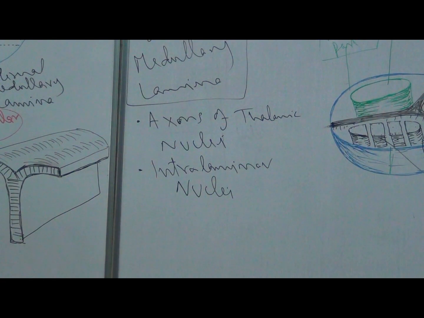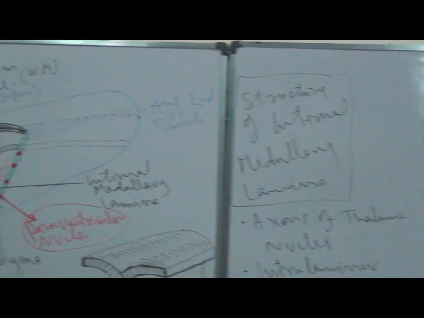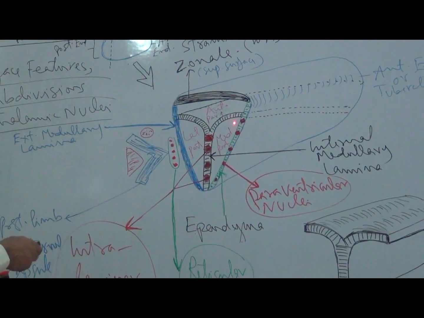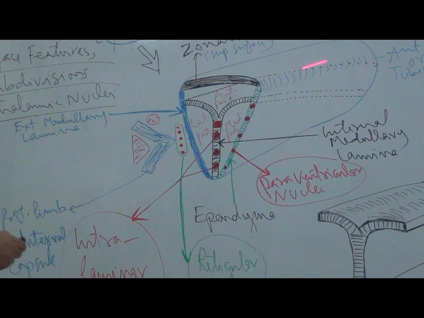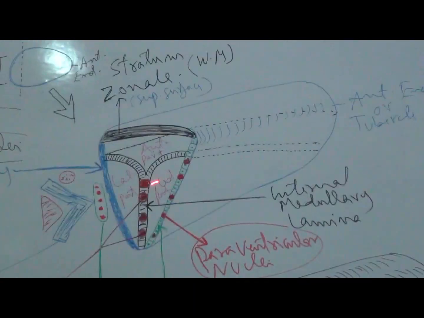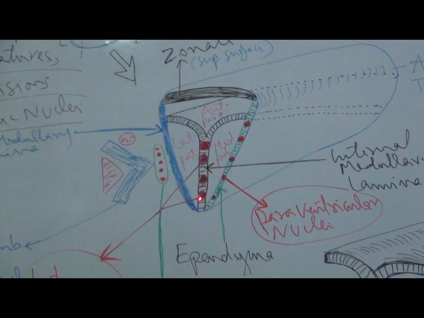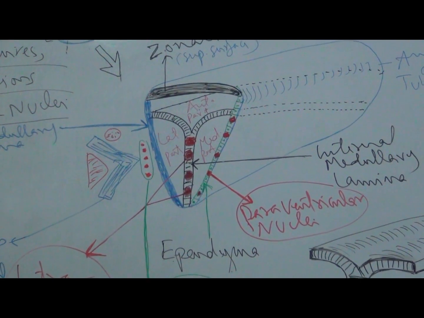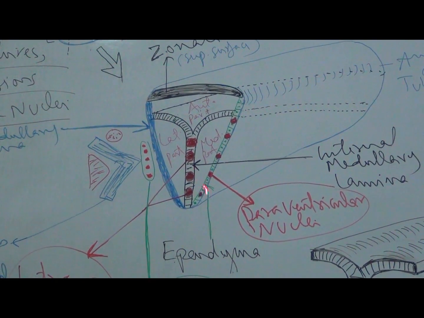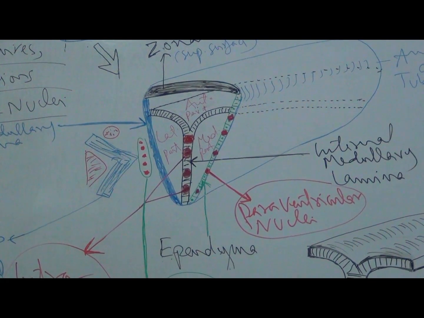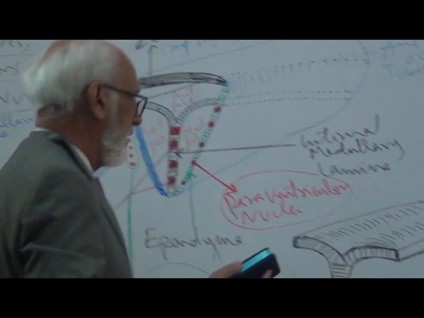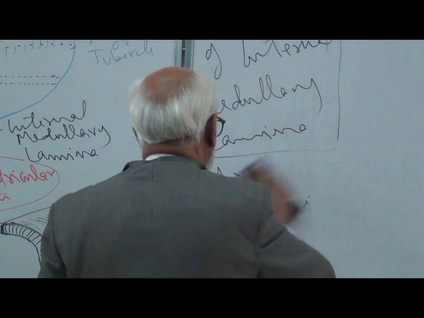It comprises nerve fibers or axons of different groups of thalamic nuclei, and in this way interconnects the thalamic nuclei with one another. And second, embedded in the internal medullary lamina is one group of minor nuclei, that is the intralaminar nuclei. This is the structure of the internal medullary lamina.